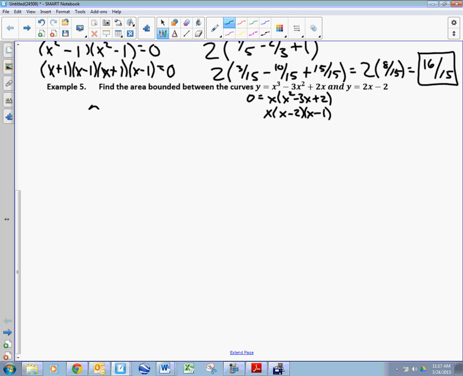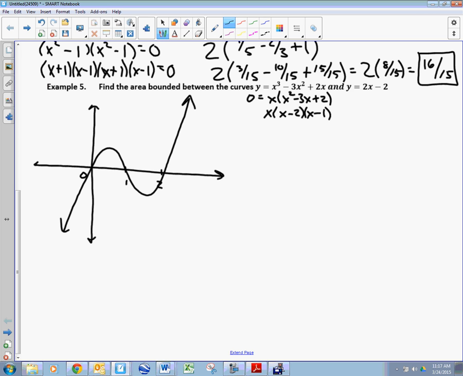So it crosses in 3 places: 0, 1, 2. And then let's see where these intersect so we can figure out a bit more about the graph.